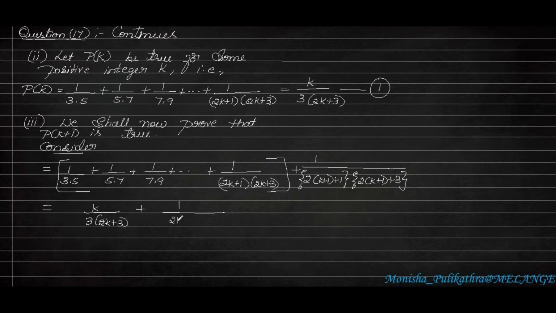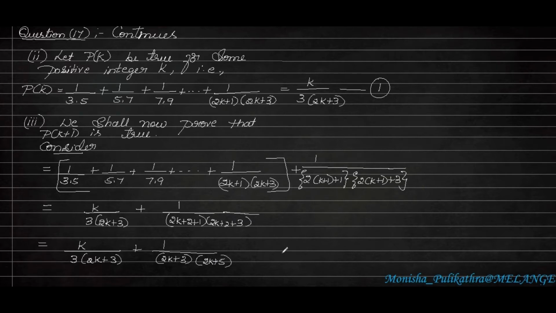So it will become 2k plus 2 plus 1 as it is, and here also 2k plus 2 plus 3. So this will become k by 3 into 2k plus 3 plus 1 by, here this will become 2k plus 2 plus 1 is 3, and another one is 2k plus 3 plus 2 is 5.